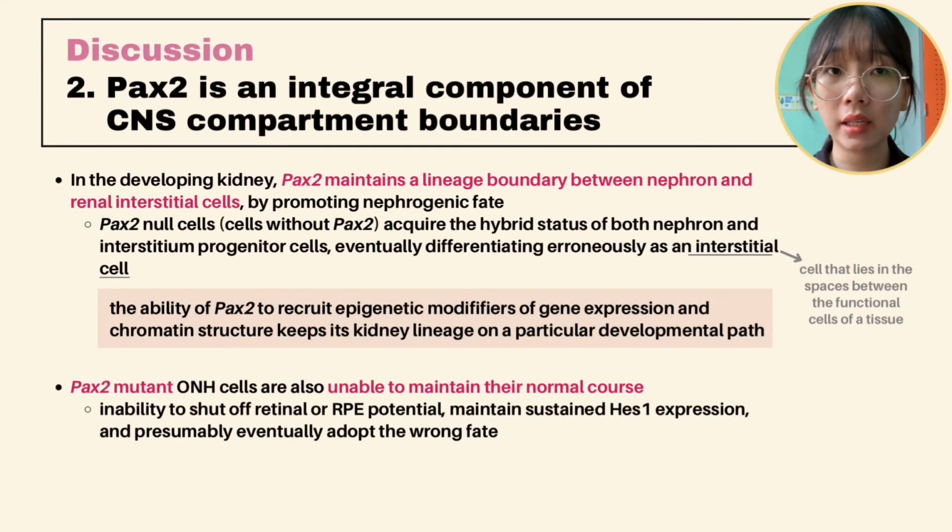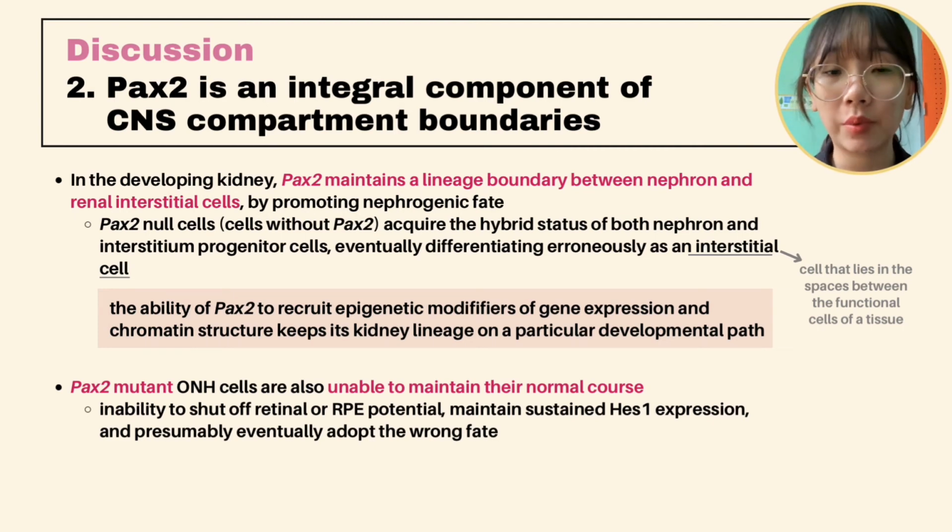In the developing kidney, PAX2 maintains a lineage boundary between nephron and renal interstitial cells by promoting nephrogenic fate, where an interstitial cell means a cell that lies in the spaces between the functional cells of a tissue. PAX2 null cells, that is, cells without PAX2, acquire a hybrid status of both nephron and interstitium progenitor cells, eventually differentiating erroneously as interstitial cells, which means that without PAX2 there is no boundary between them.